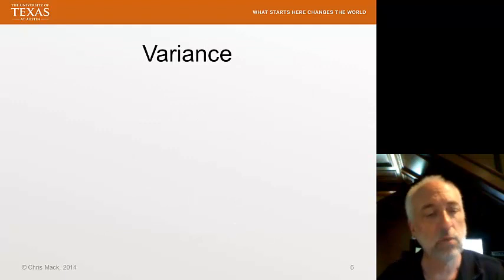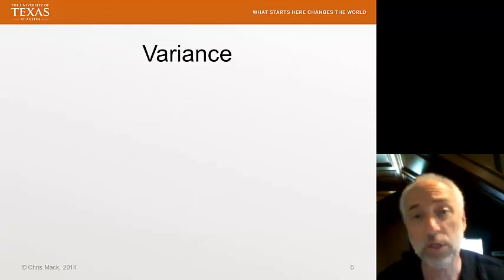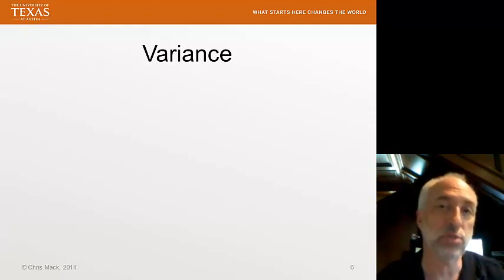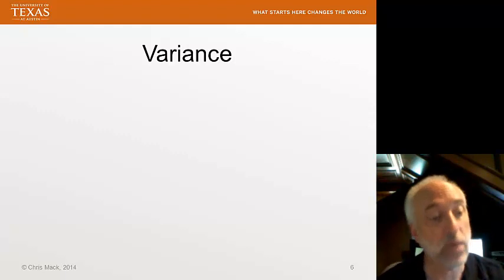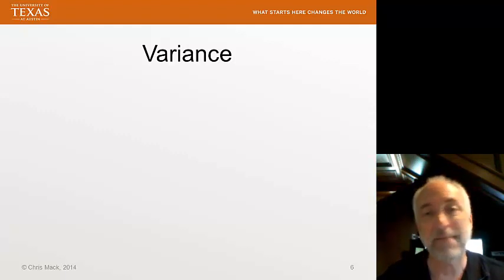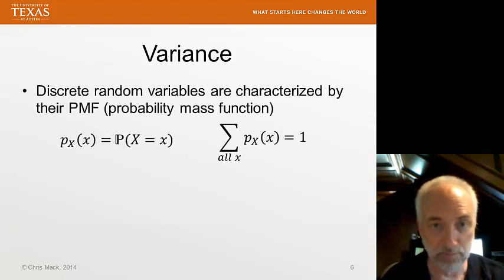All right, we'll work some other examples of expectation in just a moment, but before we do, let's define another important concept about a distribution. It's variance. Now, we already know what a variance is. It's a measure of the spread of our distribution. But let me define it mathematically for the case of a discrete random variable.